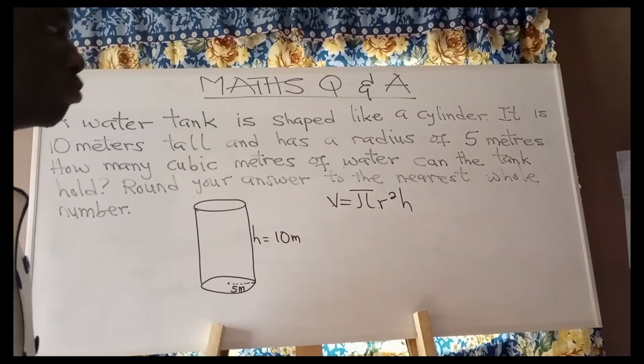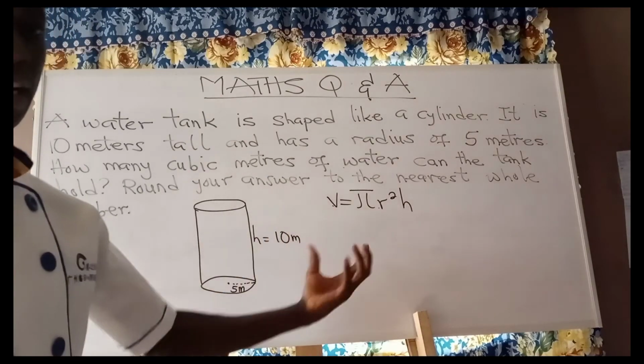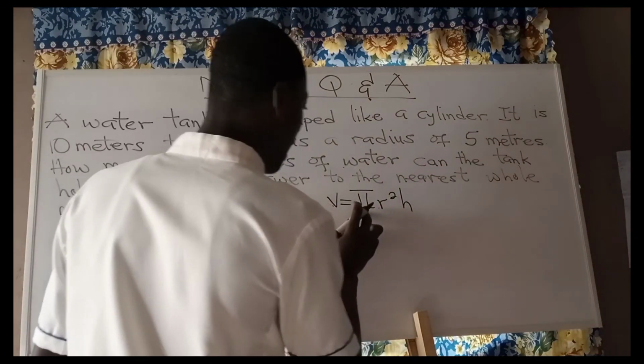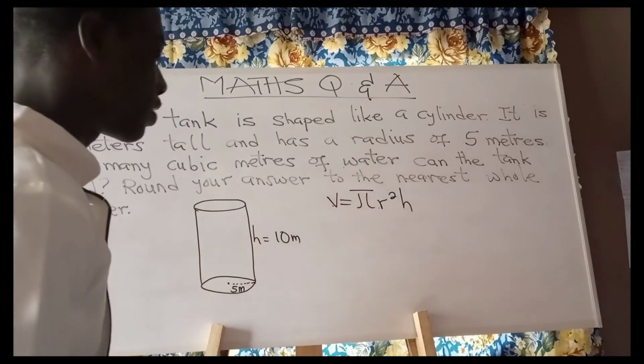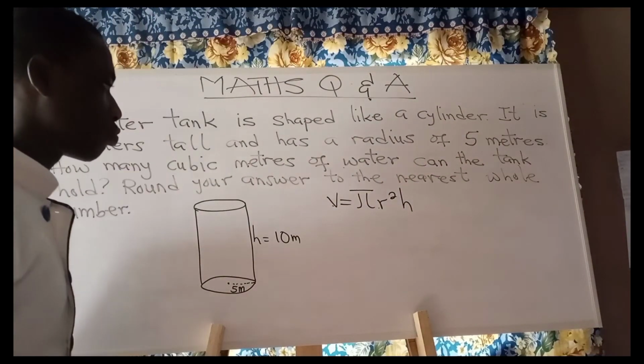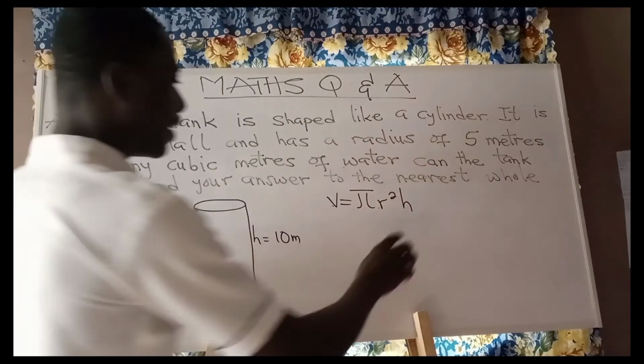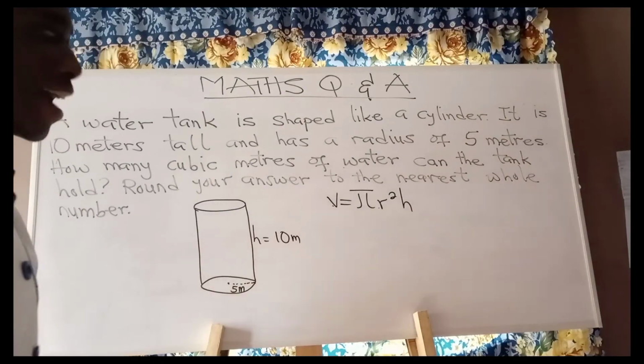That is the volume of a cylinder. That is how we calculate the volume of a cylinder, where the pi represents 22 out of 7, or 3.142, and then the r is the radius, and then the h is the height.